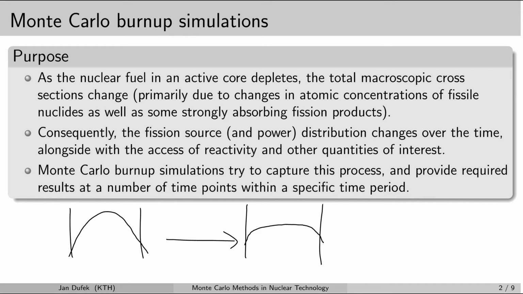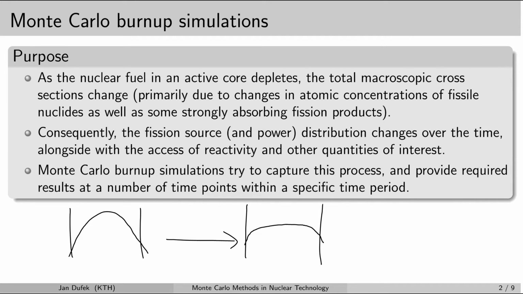The flattening of the power distribution may not be entirely caused only by the decrease in the atomic concentration of some fissile nuclides, but it may also be due to the introduction of some fission products like xenon-135, which has a very large cross-section for thermal neutrons.